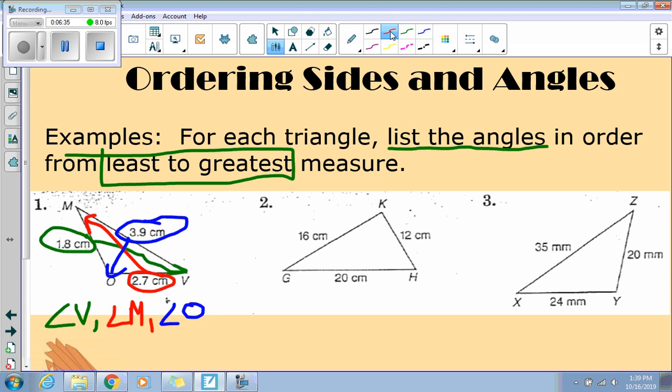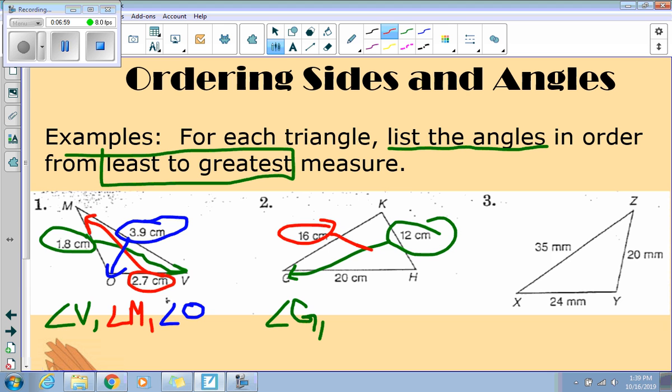Okay, so we're going to do it again for the next one. Our smallest side is 12. And if we go across from 12, we end up at angle G. So angle G is going to be our smallest angle. And then if I go for my middle side, that's 16.